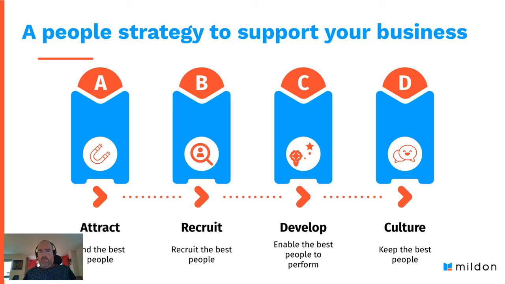So first of all, think about how you can attract talent in an inclusive way. Are you casting your net wide enough to attract a diverse range of people? Are you projecting an image where people look at your organization and can see themselves reflected so that they're drawn to come and work for you? There's a huge amount of activity around talent attraction in an inclusive way.